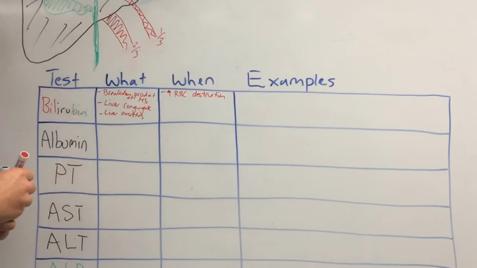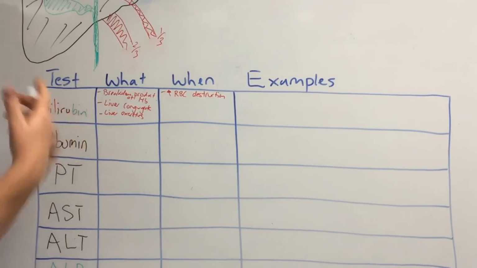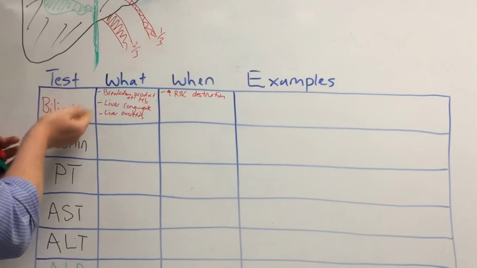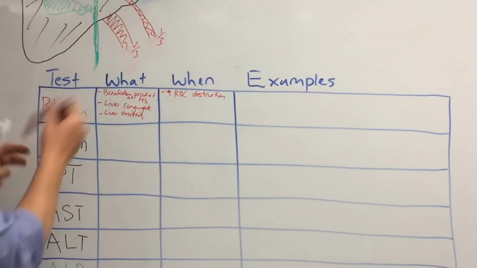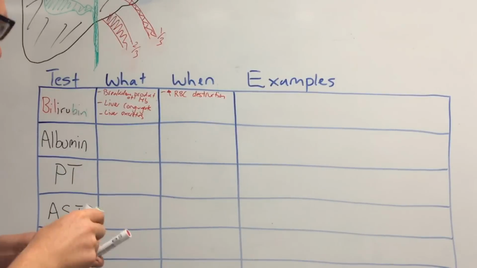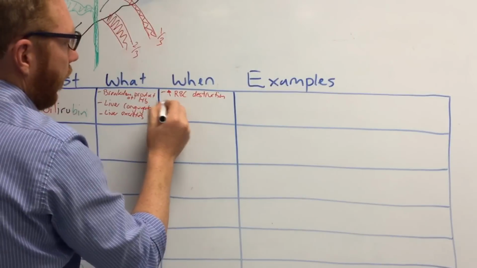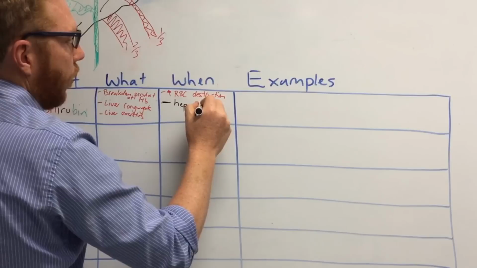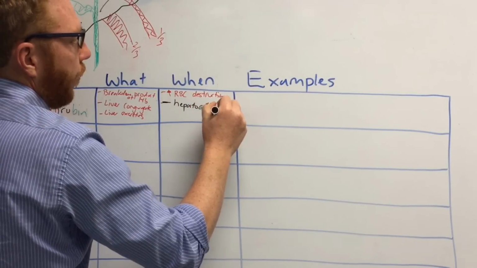Okay, so the first test, bilirubin, this is a blood test from a breakdown of hemoglobin. And so if the total bilirubin goes up, it could be a cause from the blood, which is red blood cell destruction. Or it could be from a liver cause, which is hepatic injury, hepatocellular injury.